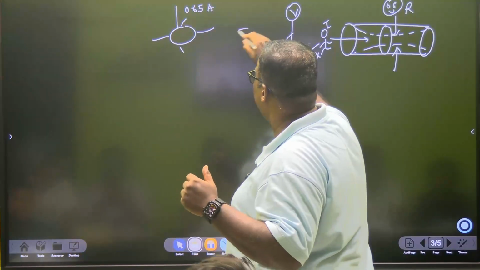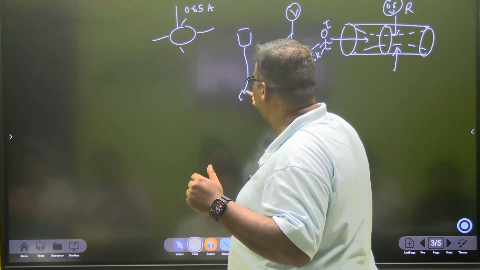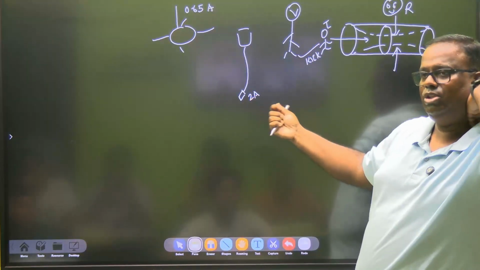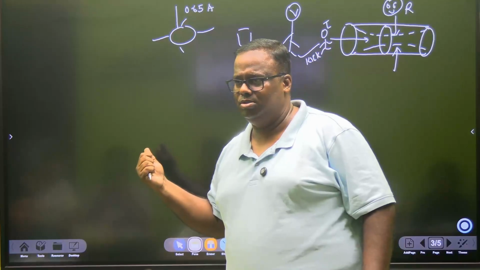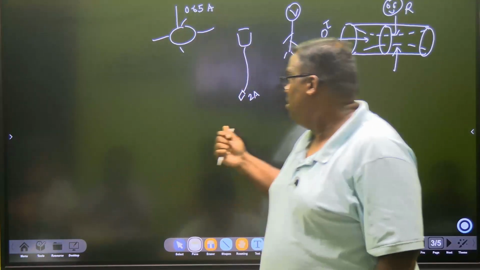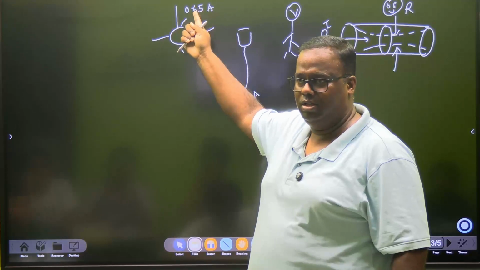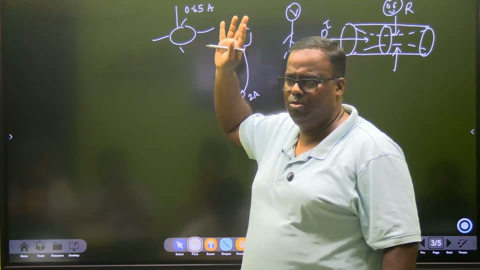Whereas the mobile charger, with the wire which comes out with the pin, is a 2 ampere charger. You touch this with your naked feet on the floor, nothing happens to you. But if you touch the 0.65, you will become a photo on the wall. Because 0.7 to 1 ampere is lethal for a human being.